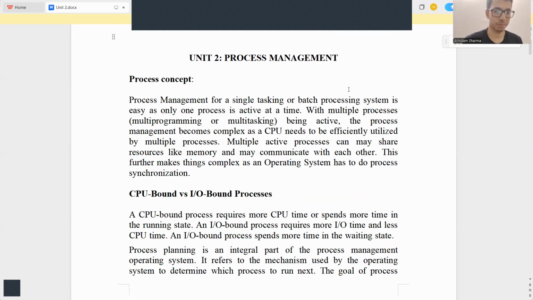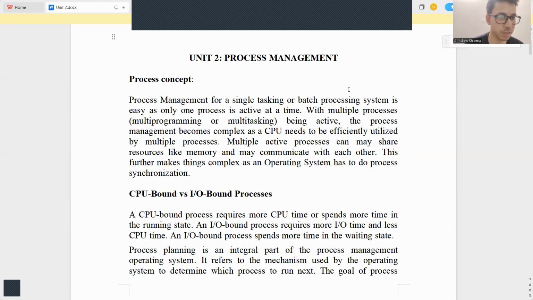So process concept. First of all, we have to understand the concept of a process. Process management for a single tasking or batch operating system is easy as only one process is active at a time. Single tasking means there will be only one process, so it is very easy.